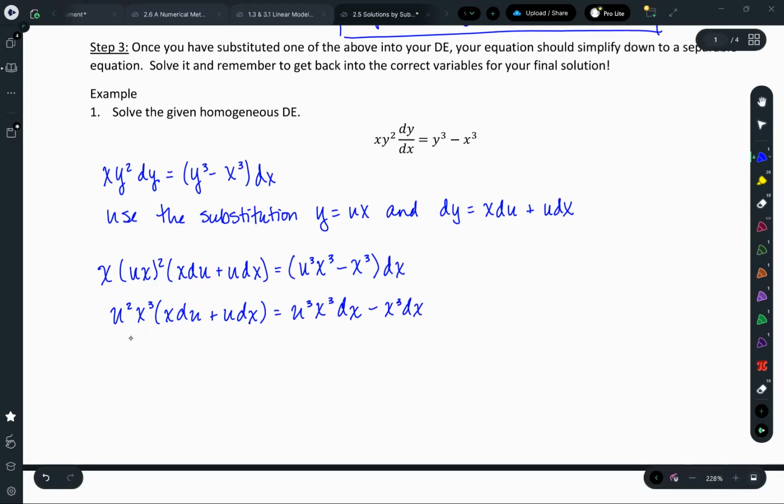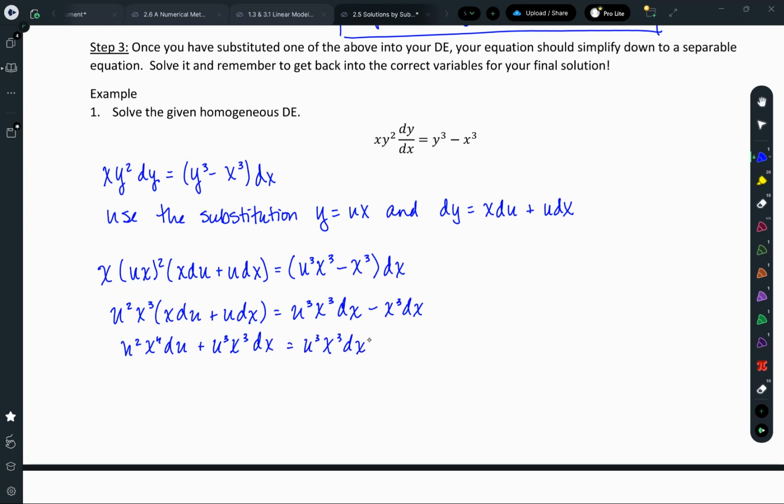On the left-hand side, I have u squared x to the fourth du plus u cubed x cubed dx is equal to u cubed x cubed dx minus x cubed dx.